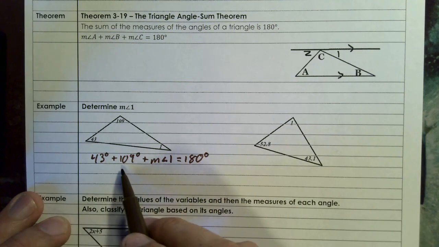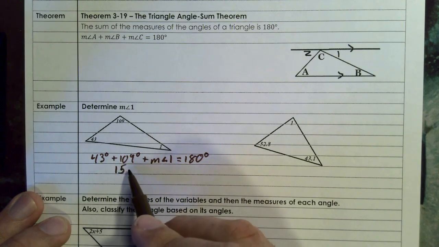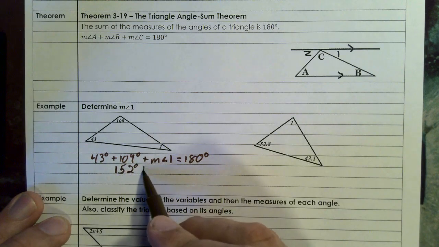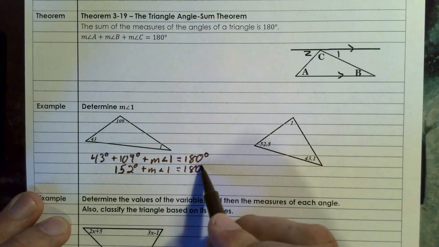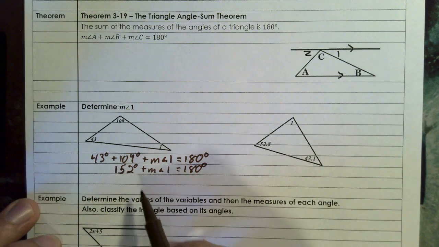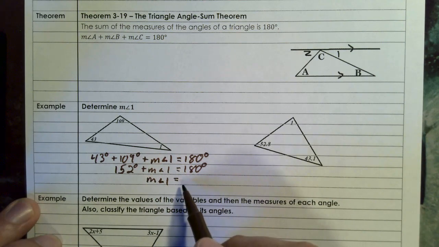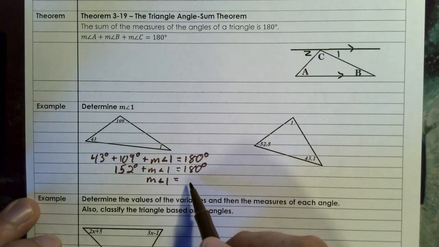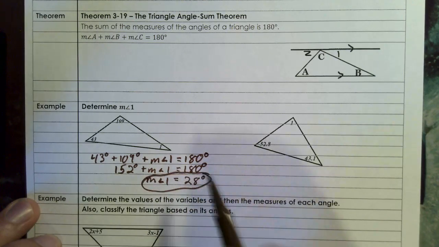So 43 degrees plus 109 degrees is going to be 152 degrees plus the measure of angle 1 equals 180. So I could subtract 152 from both sides. So the measure of angle 1 has got to be 28 degrees. There we go.